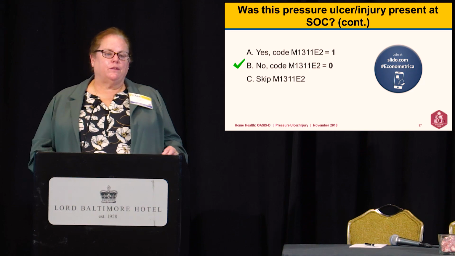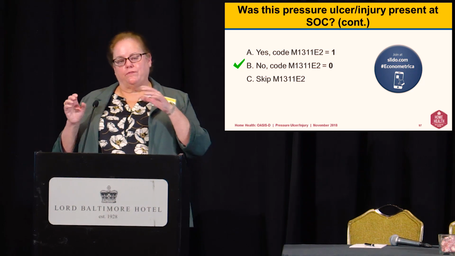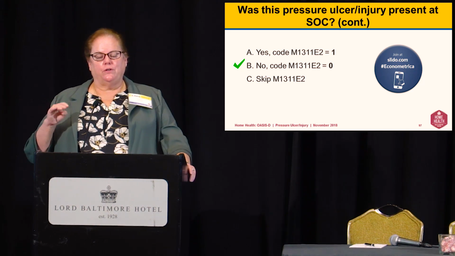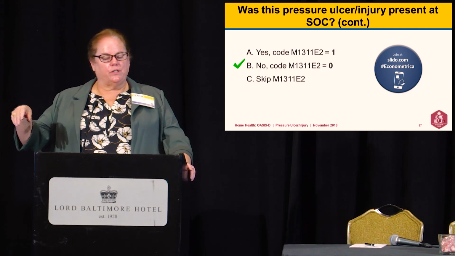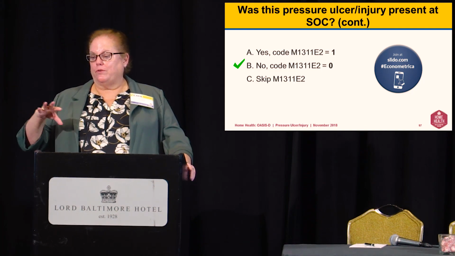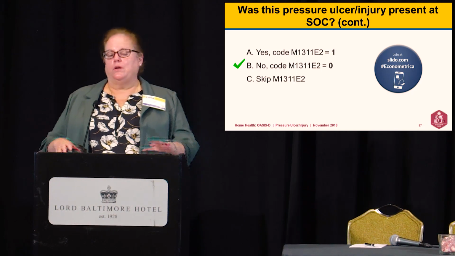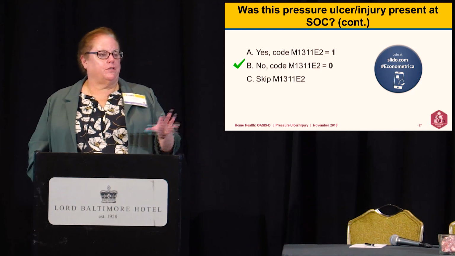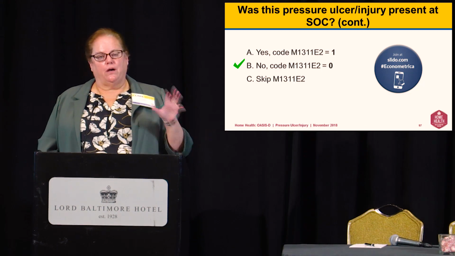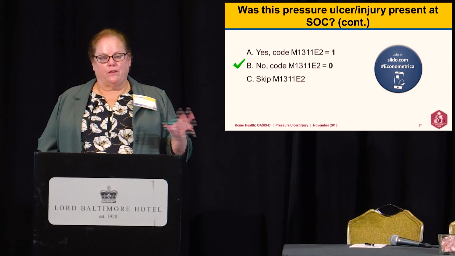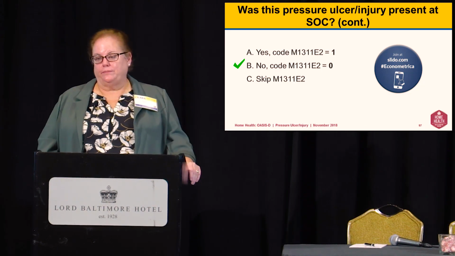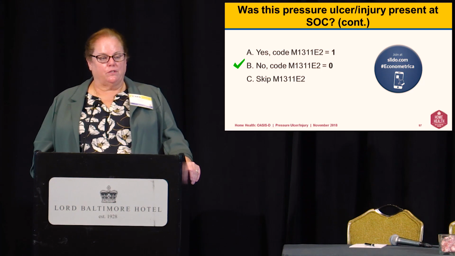Now, the thing to remember here is there's a slight change, right? It used to be different with new or worsened, and if it had just gone unstageable, for the way that we used to calculate the measure, it wasn't considered new or worsened. The way that we're looking at it now, at least for this coding methodology, it is considered there and in fact worsened, all right, with the slough and the eschar.